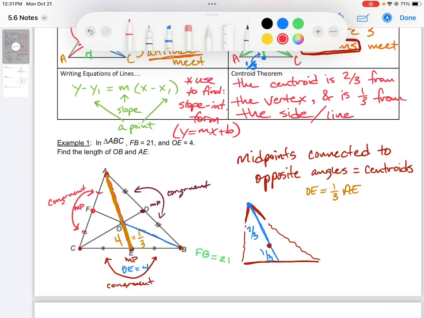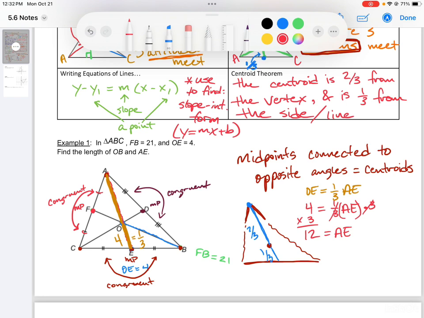AE is what I'm trying to find out. So I know that OE, because it's given, is 4. So if 4 is 1/3 of AE, and I want to cancel out this 1/3, I would just multiply both sides by 3.